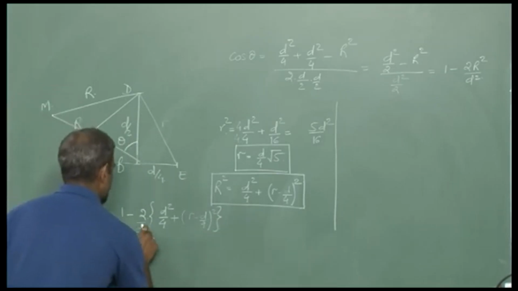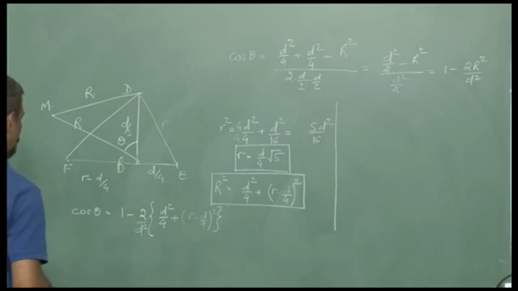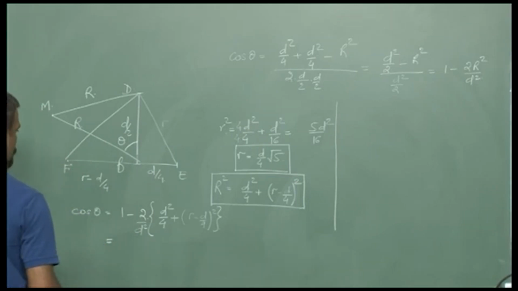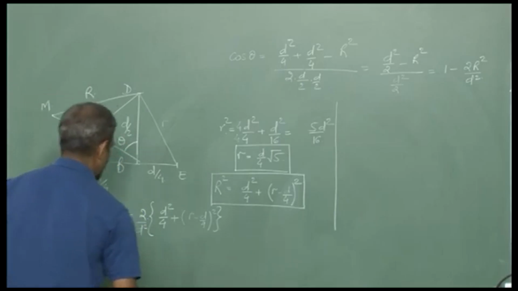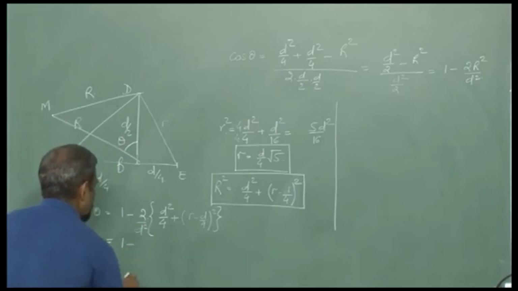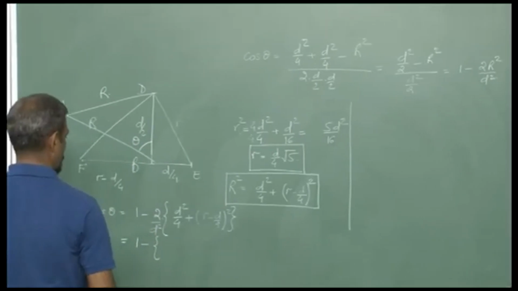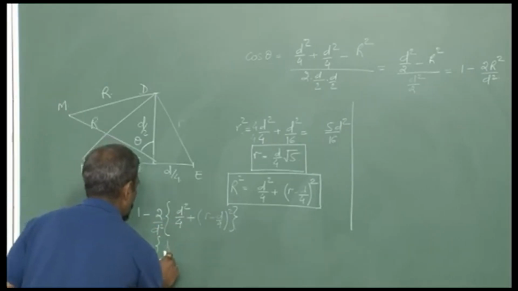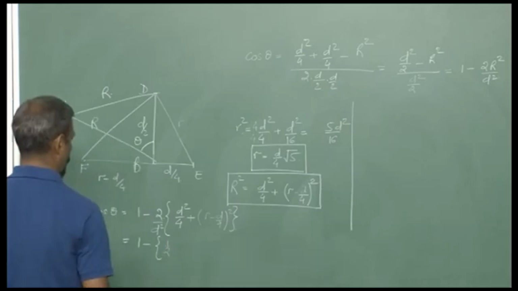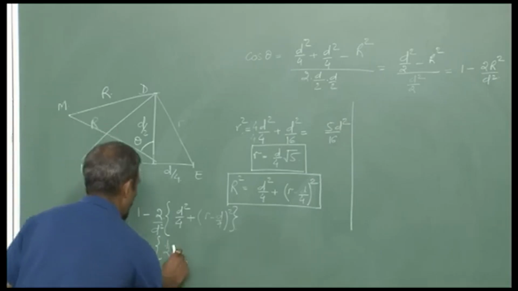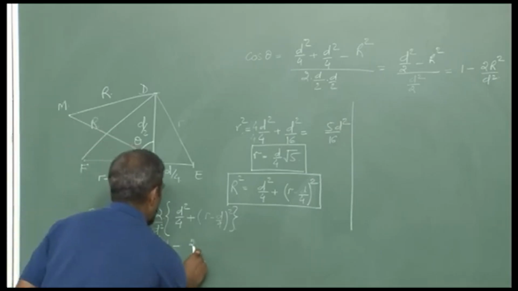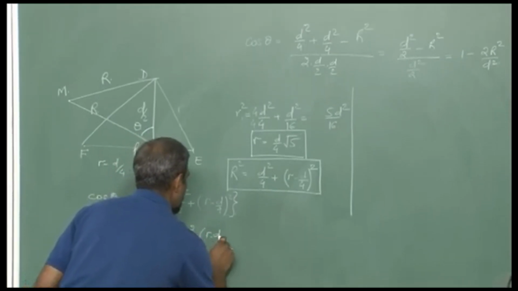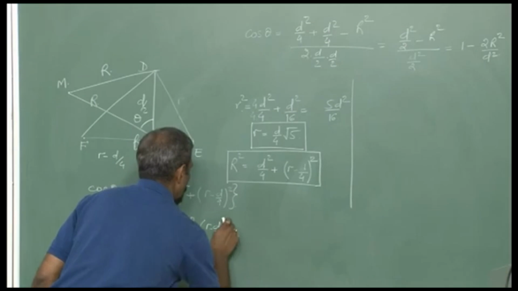Okay, which is equal to 1 minus, within parenthesis, this would be 1 over 2, yeah, minus 2 over d squared times r minus d over 4 the whole square.